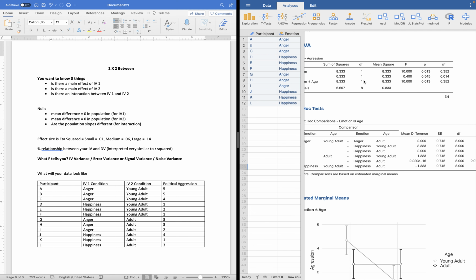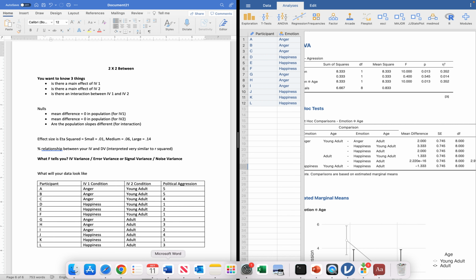The F with 1 and 8 degrees of freedom equals 10, right? So F(1, 8) = 10.00, p = 0.013, eta squared = 0.352. And now we need the 90% confidence interval of eta squared.